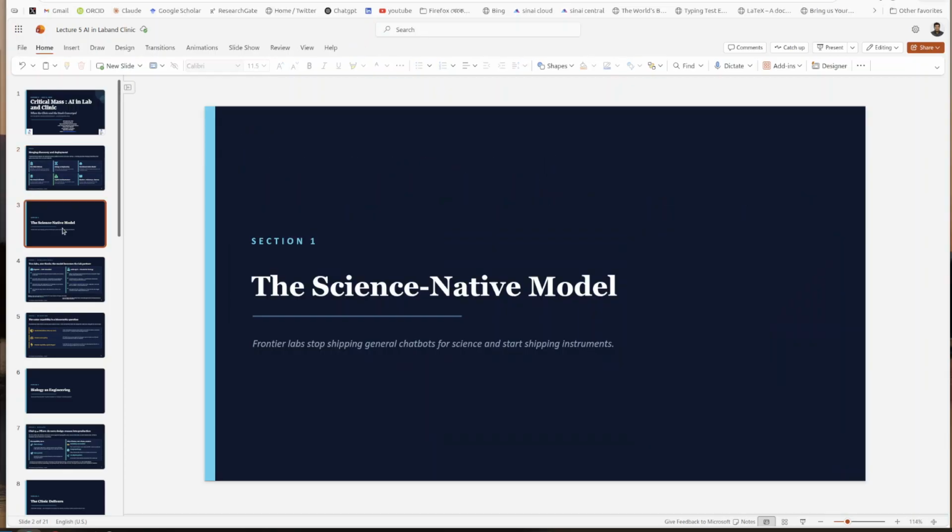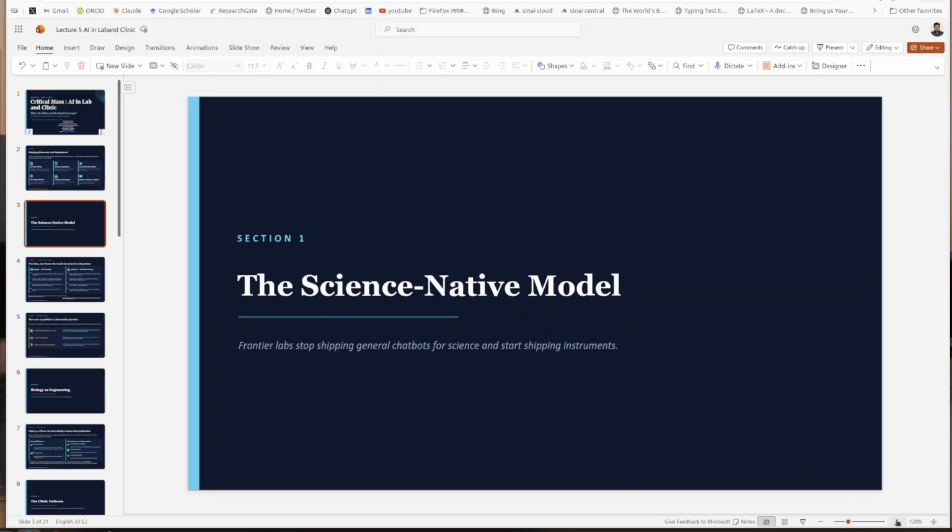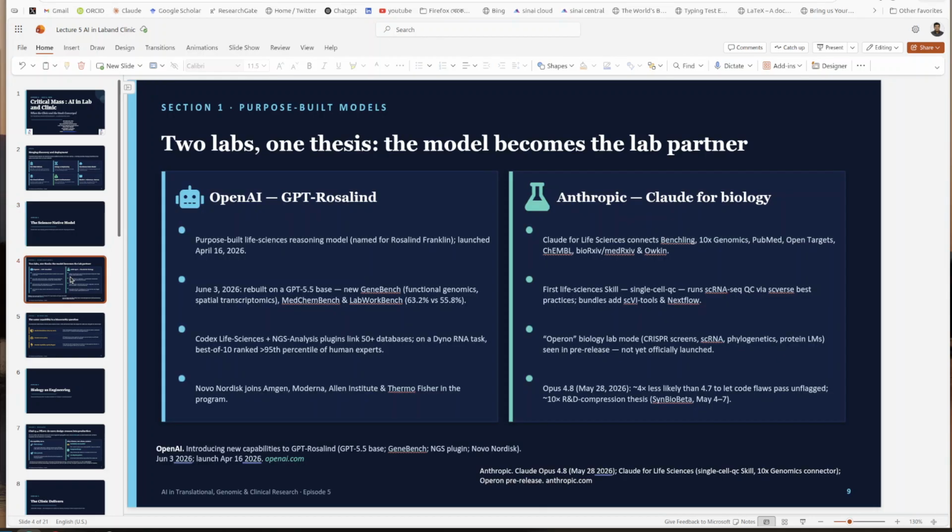Okay, let's start with this. The science native model. Well, this is a big wording. Frontier labs stop shipping general chatbots for science and start shipping instruments. That's a huge thing. So let's go.